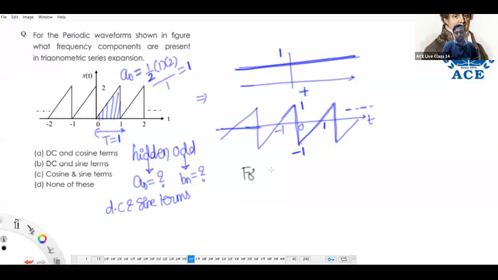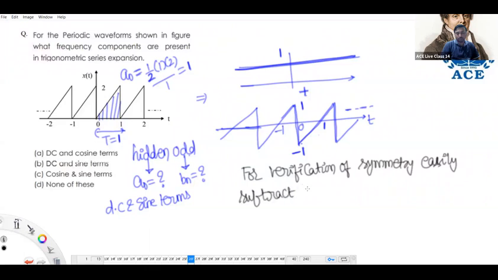For verification of symmetry, if you want to verify the symmetry easily, subtract the DC value. Then you can verify the symmetry in an easy manner. By subtracting 1, amplitude of 1, we felt it has odd symmetry.